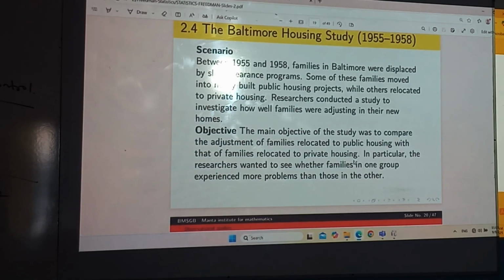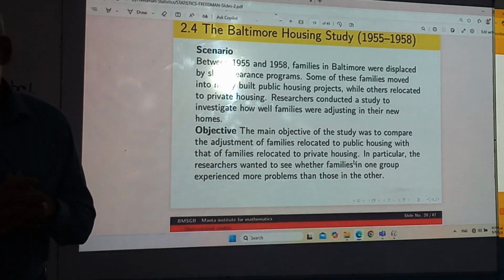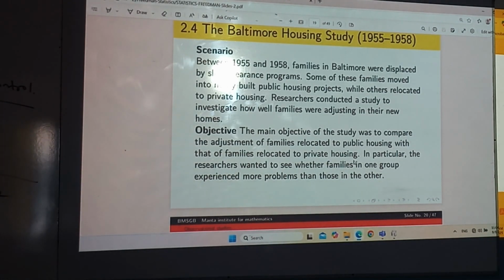Researchers conducted a study to investigate how well families were adjusting in their new homes. The main objective of the study was to compare the adjustment of families relocated to public housing with that of families relocated to private housing.